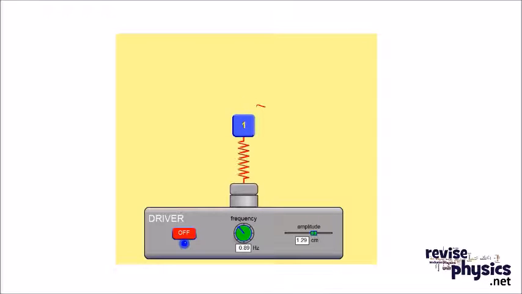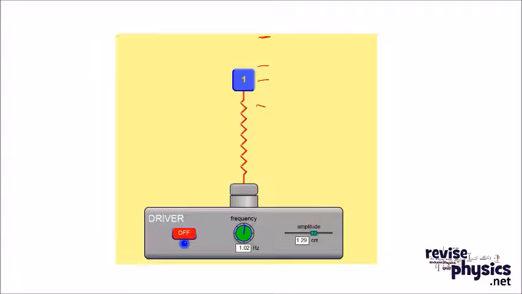I increase it to 0.89. My displacement, my amplitude, has increased to there. Bring it up to 0.94. I'm experiencing another increase in amplitude, until I get it to the natural frequency of the mass spring system, and I get an enormous maximum amplitude.